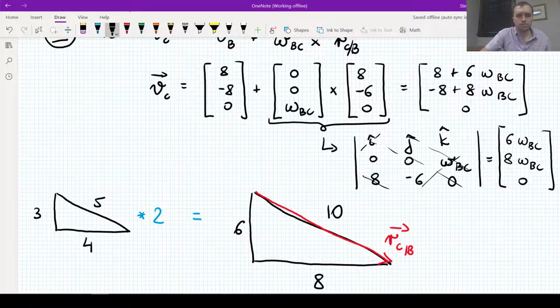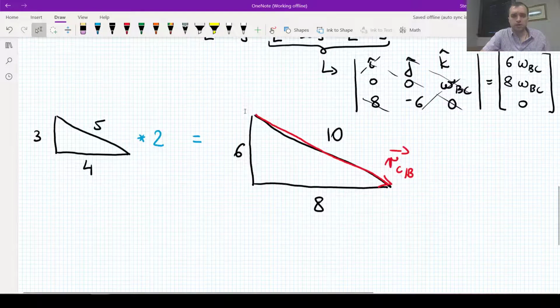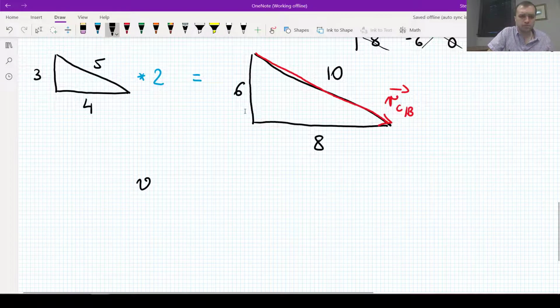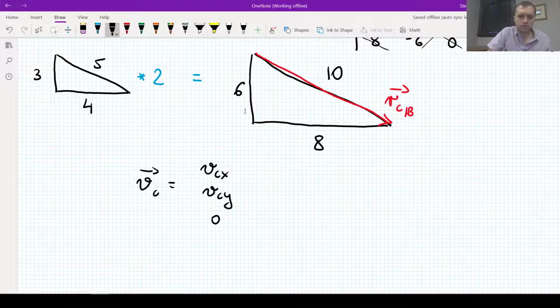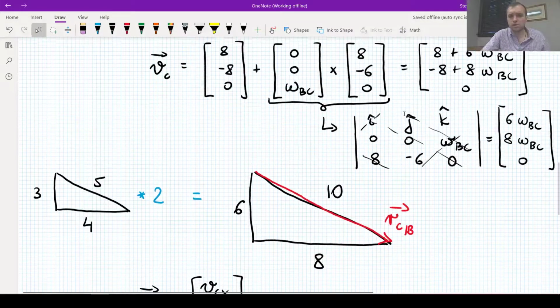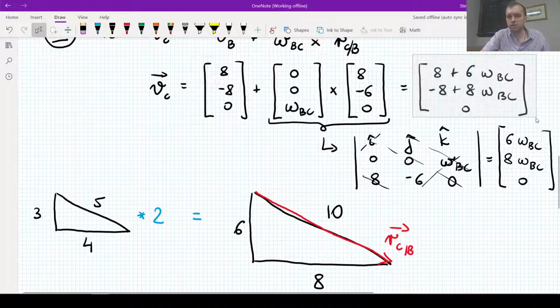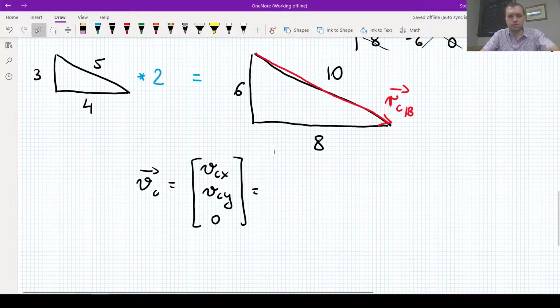Okay, so our VC is equal to VCX, VCY, and 0. And VCX and VCY are respectively given in this vector.